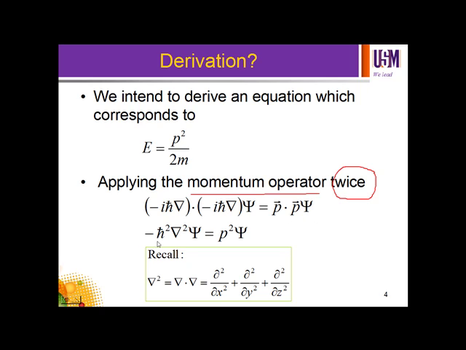So what we have is negative h bar squared del squared psi, the wave function, equal to p squared psi. Just a recall: del or nabla squared equals nabla dot product of nabla. Basically the differential there is just the second order differential.